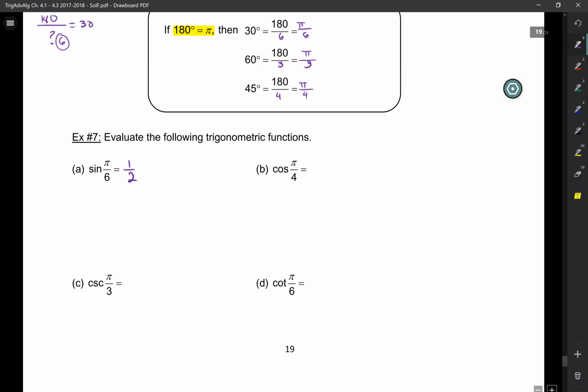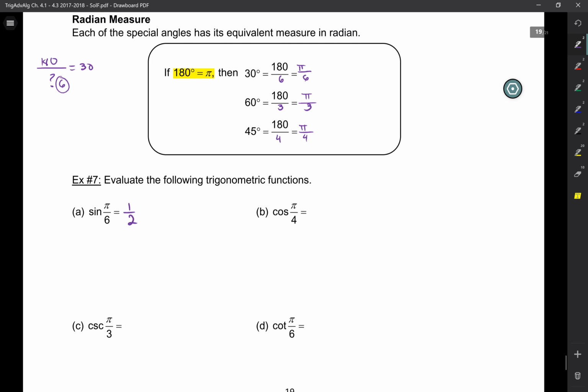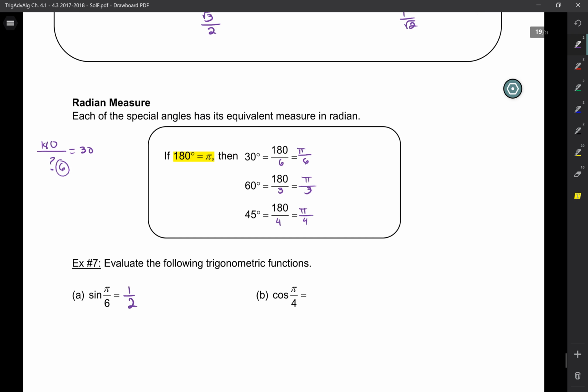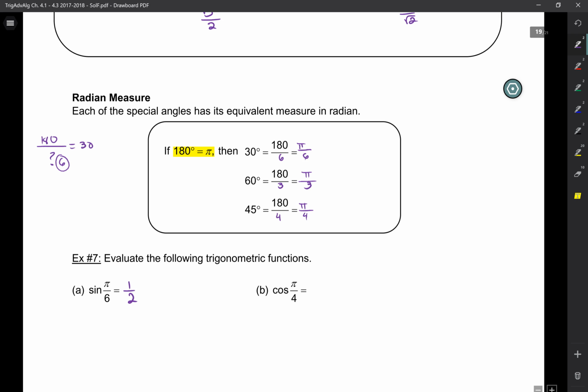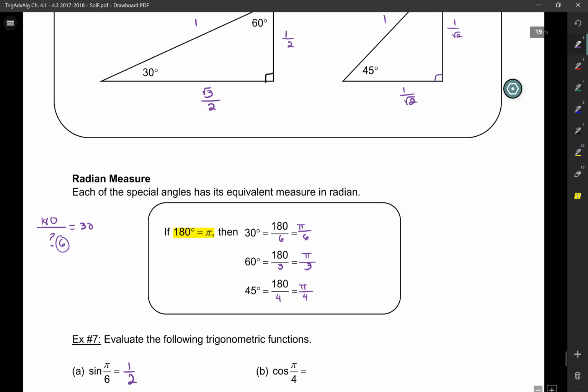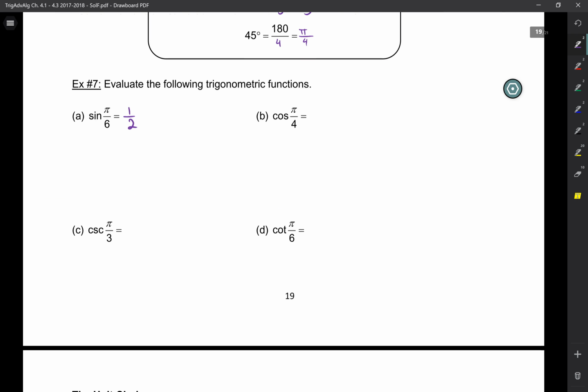Okay? So that's how quick I want that to be. All right, so suppose I want cosine of pi/4. Pi/4 is which angle? It's 45 degrees, so it'll be 1 over √2.